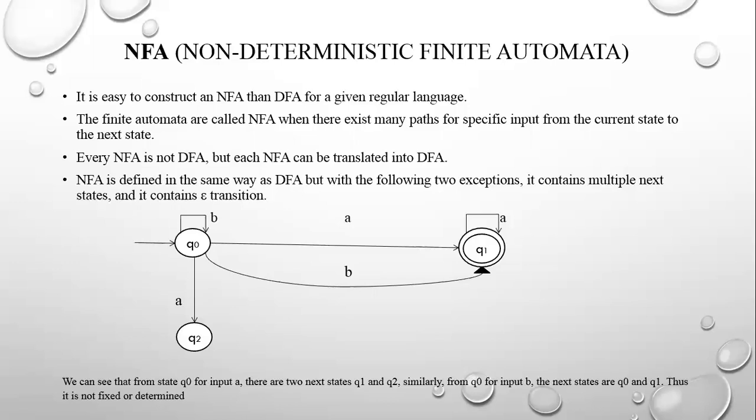Now we are entering into non-deterministic finite automata. So what is meant by non-deterministic finite automata? The tuples are the same as in the deterministic finite automata, except for a slight change in delta.